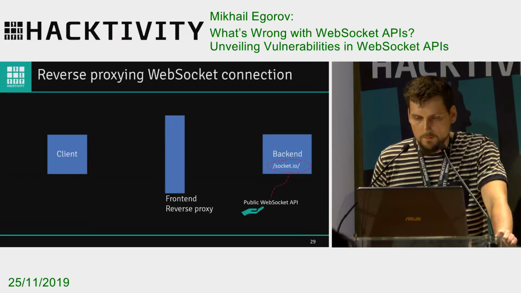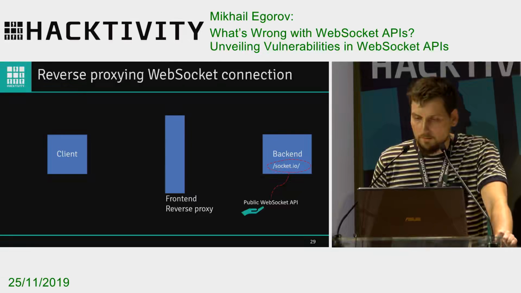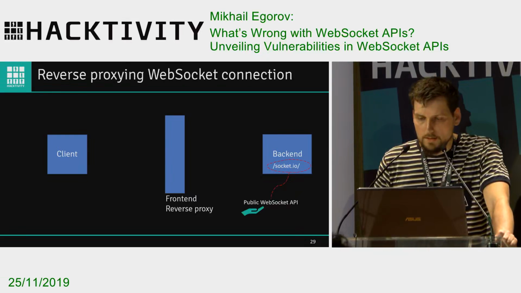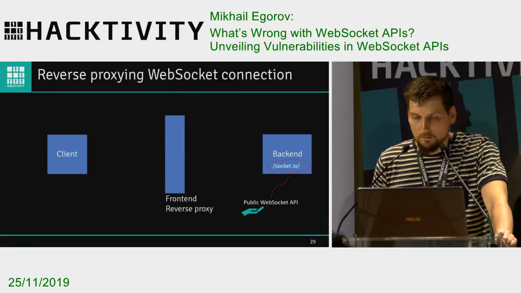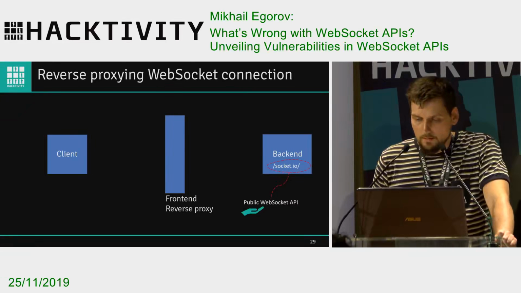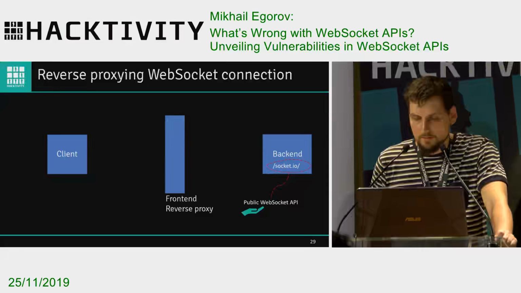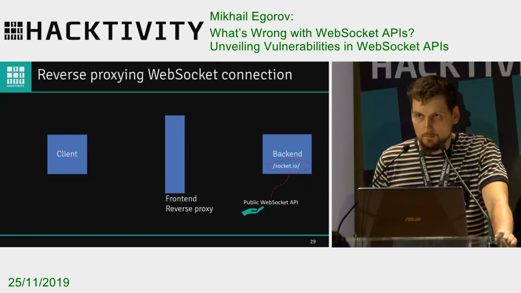Let's start with observing how reverse proxying for WebSocket works. In the ideal world, we have a backend that exposes some WebSocket API on /socket.io, and the client accesses the API through a reverse proxy. For example, we use Nginx as the front end and WebSocket proxy.